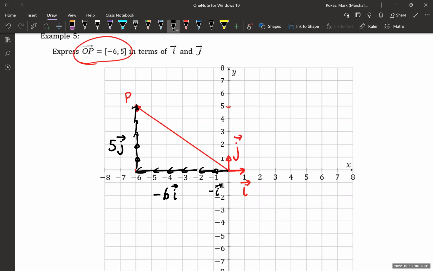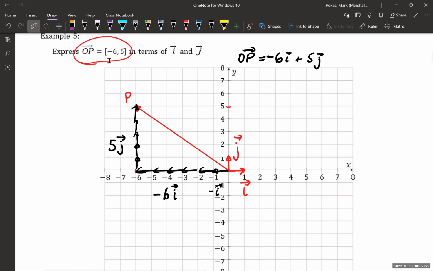So I can write this as OP equals -6i plus 5j. These two expressions for the vector are equivalent.